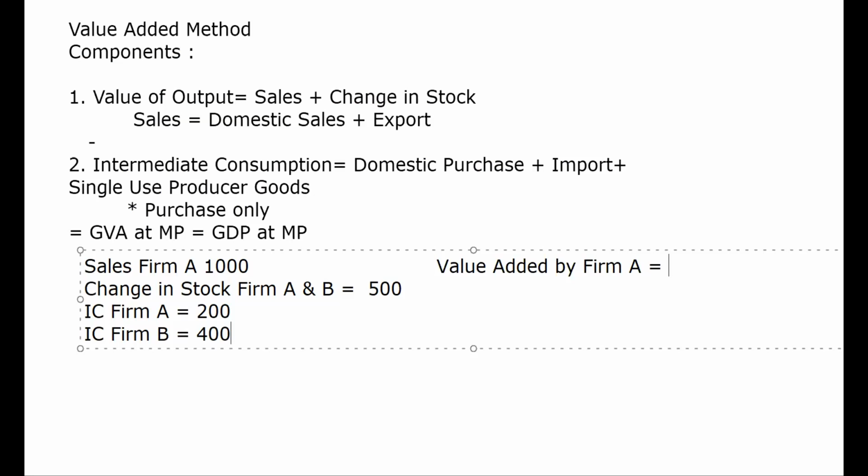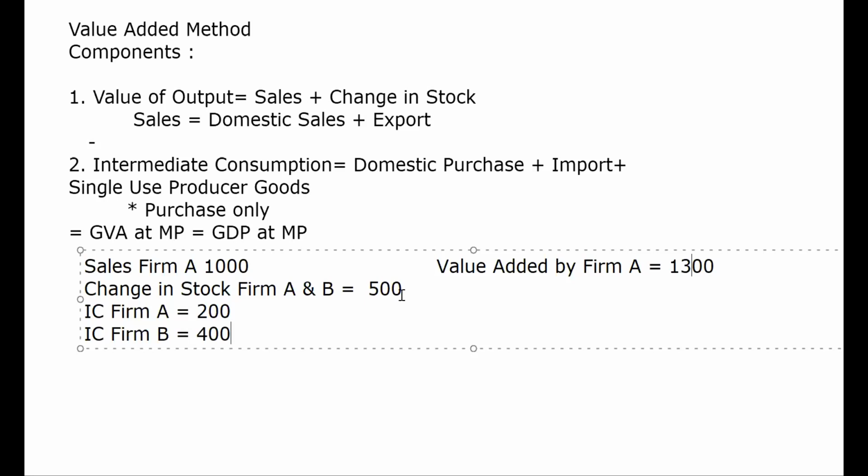So 1500. 1500 minus 200, so 1300. Yes, very good. So value added by firm A is equal to 1300.